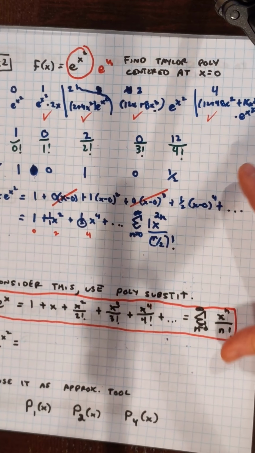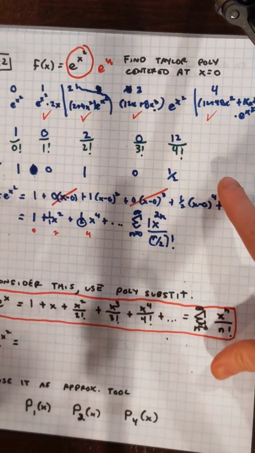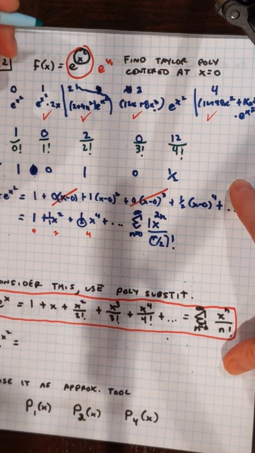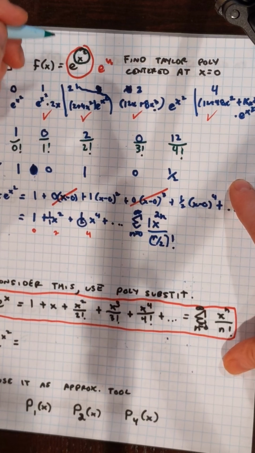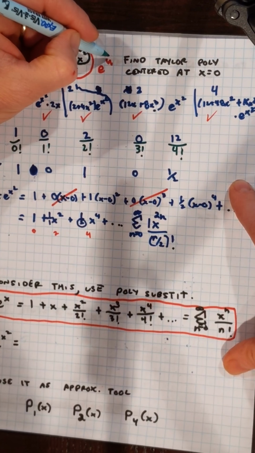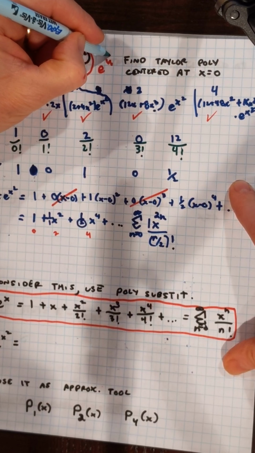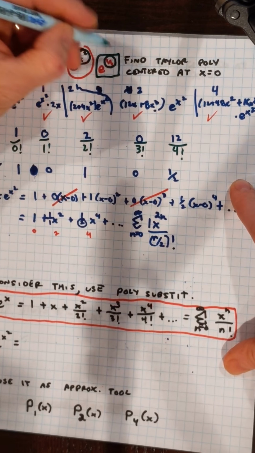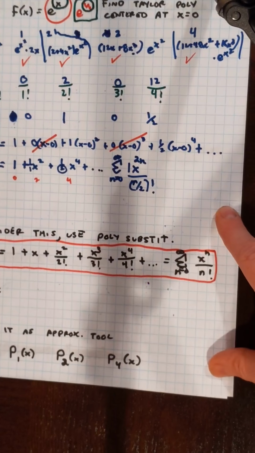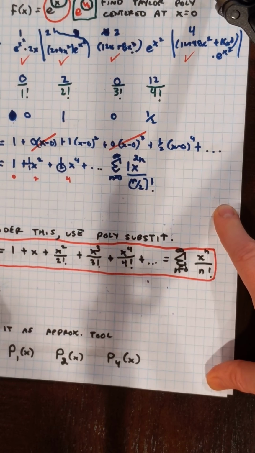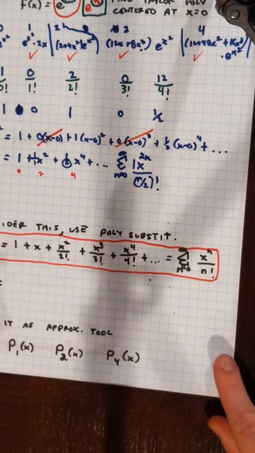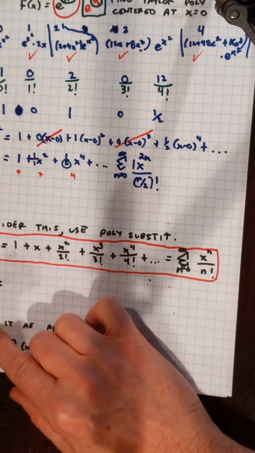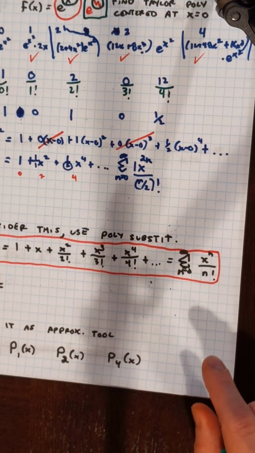What I want you to observe when you're looking at the function you're trying to get the polynomial for is I want you to look for parts that are polynomial. That's a polynomial part. So what that means to me is I can not worry about that part. I can consider this. I'm going to think of taking the Taylor series polynomial of this. If I do that, consider this. I get this function. Now this is my function. The only thing different between these two terms is a polynomial. And I'm creating a polynomial.